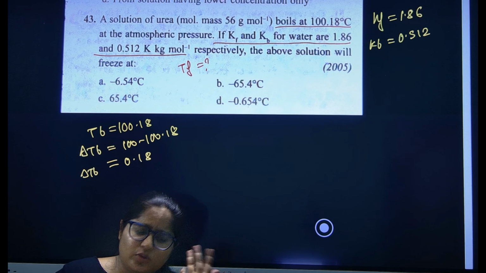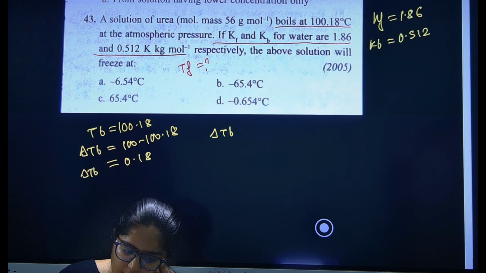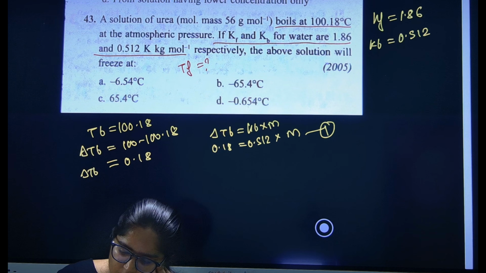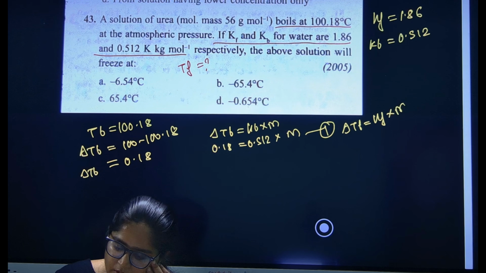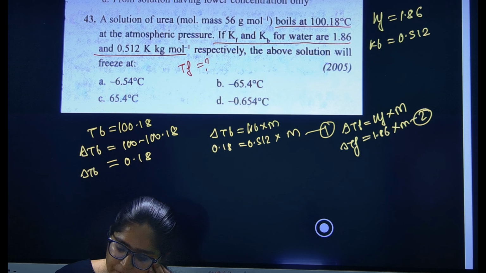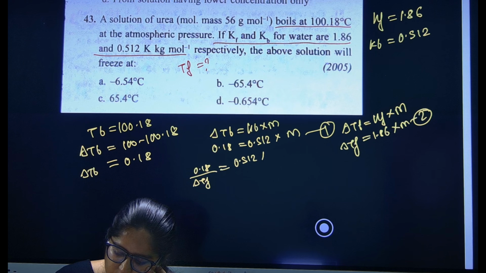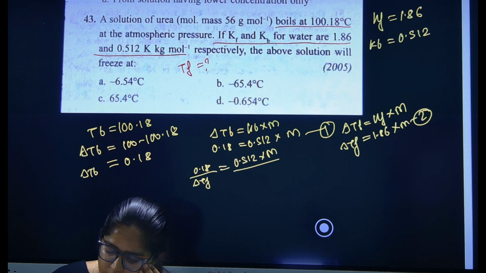Fine, so we will take the ratio, a simple question. Delta Tb equals Kb into m. Delta Tb 0.18 equals 0.512 into m. This is equation number 1. Now equation number 2: delta Tf equals Kf into m, Kf is 1.86 into m. Let us take the ratio of 1 and 2. So 0.18 by delta Tf equals 0.512 into m divided by 1.86 into m, and m cancels out.